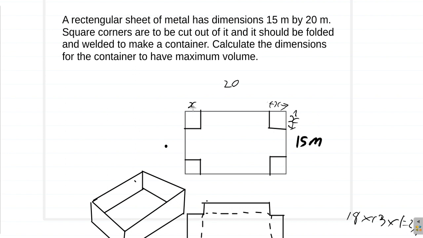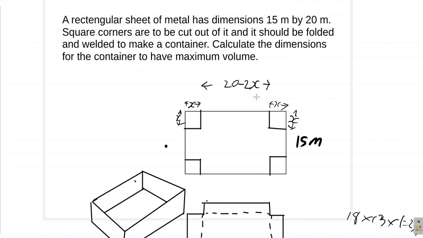But remember, you cut x from here and x from here as well. So x to the left and x to the right means, from here to here, what will be 20 minus 2x?